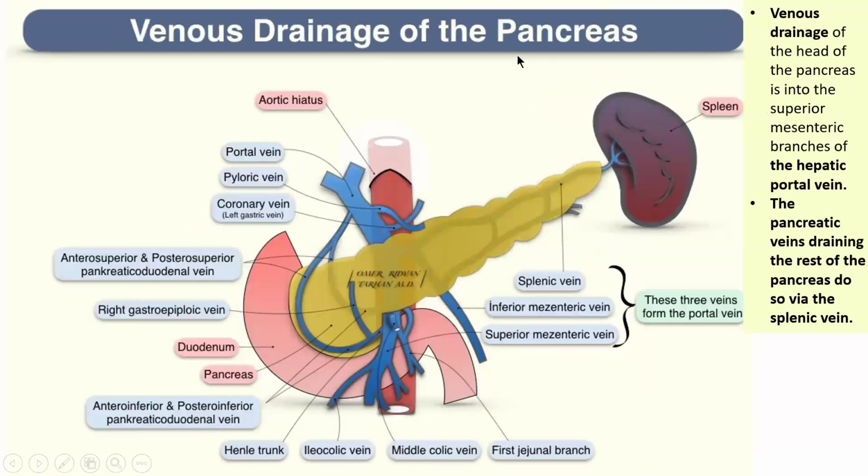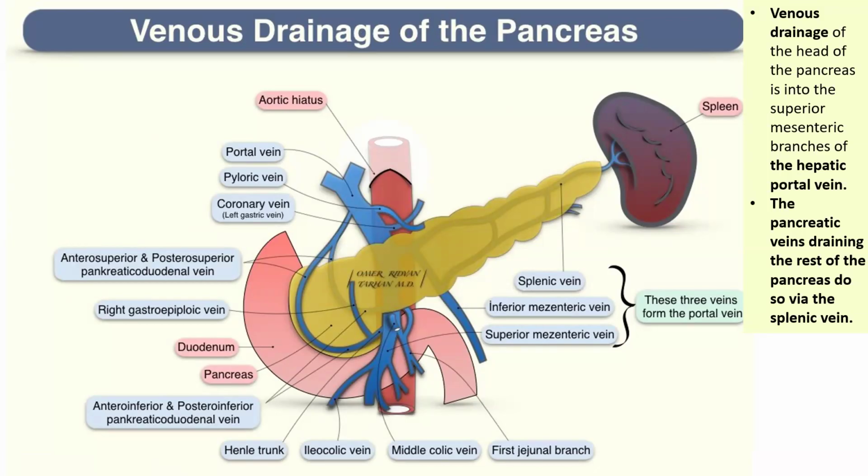About venous drainage of the pancreas, the deoxygenated blood: the head of the pancreas drains into the superior mesenteric vein, a branch of the hepatic portal vein. It supplies the deoxygenated blood to the hepatic portal vein.